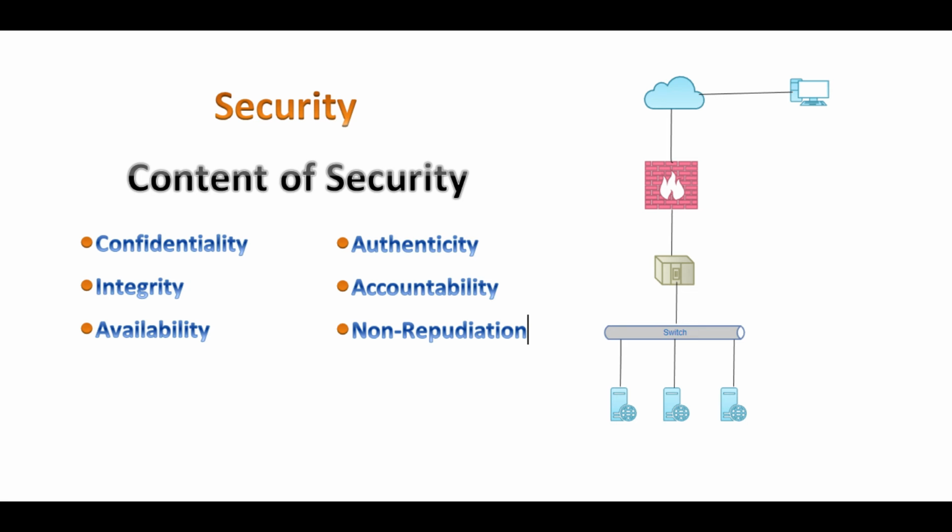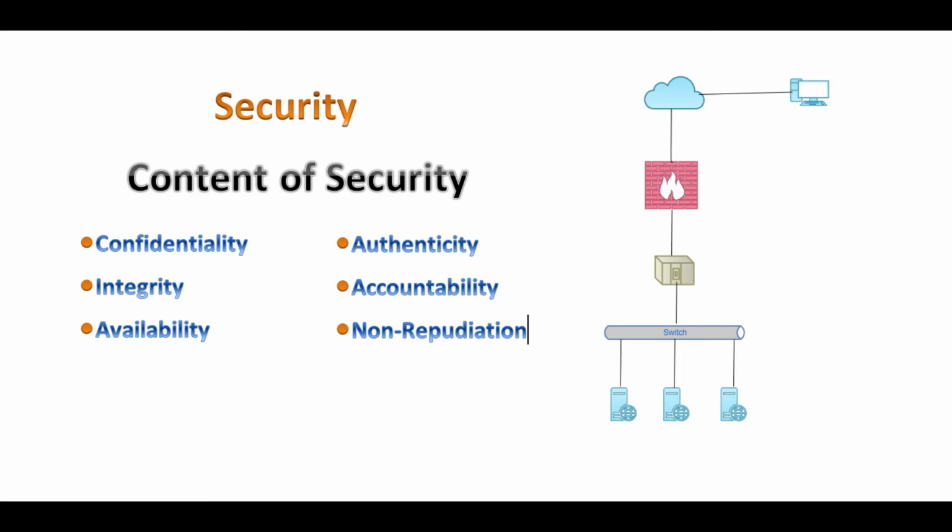So security, friends, is a very important aspect. You may be thinking why I am talking about security in this F5 LTM course. This is not a firewall training, because security has several parameters. Security is about confidentiality.